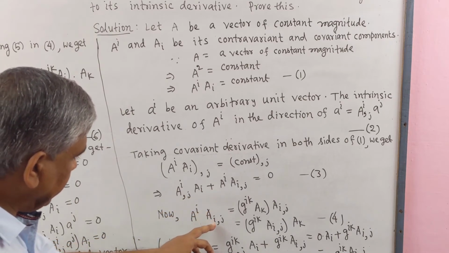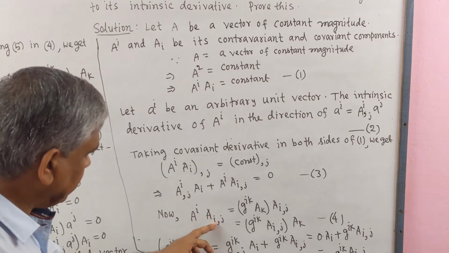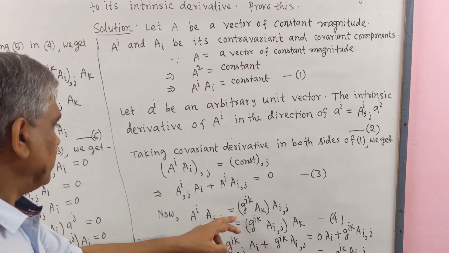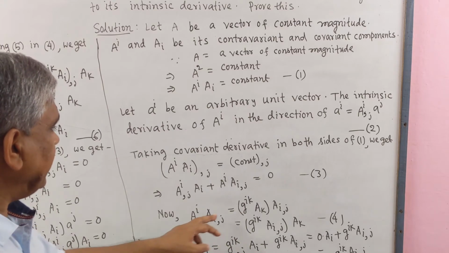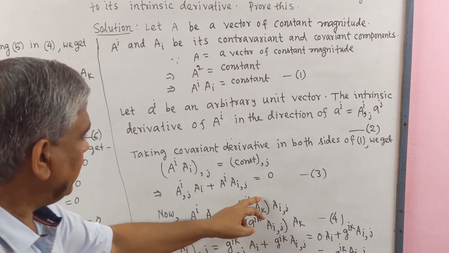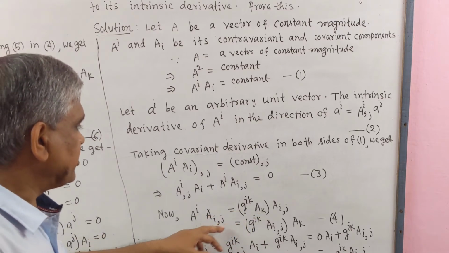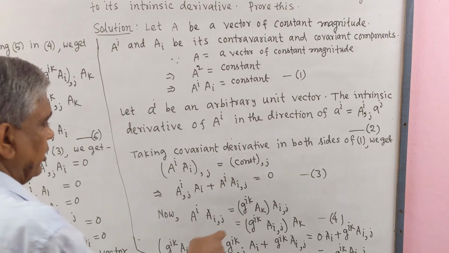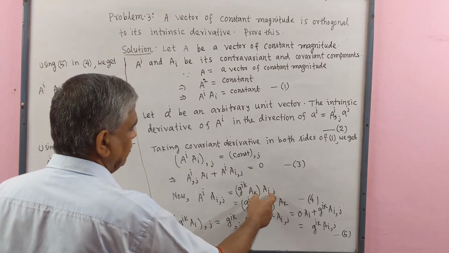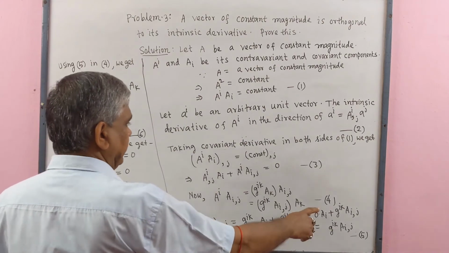Now A^i and A_i, we differentiate this with the covariant derivative with respect to x_j equal to, firstly we write A^i in the form g^ik A_k, k cancels, so A^i remains. So in place of A^i we may write this, and this remains the same. Now we write g^ik A_k,j, the covariant derivative of A_k with respect to j. Let this be number 4.